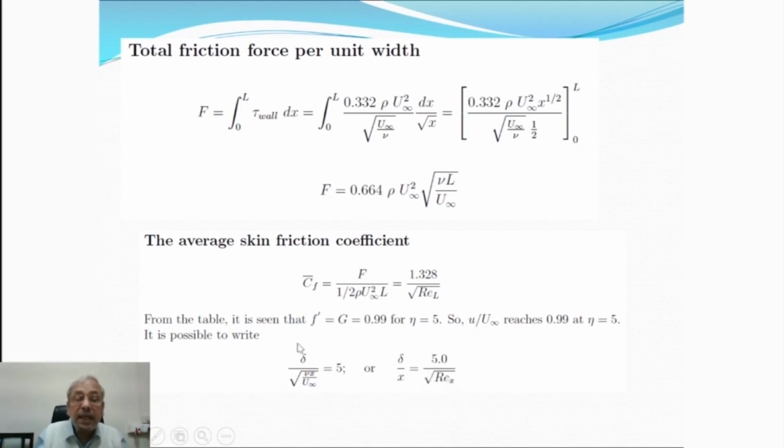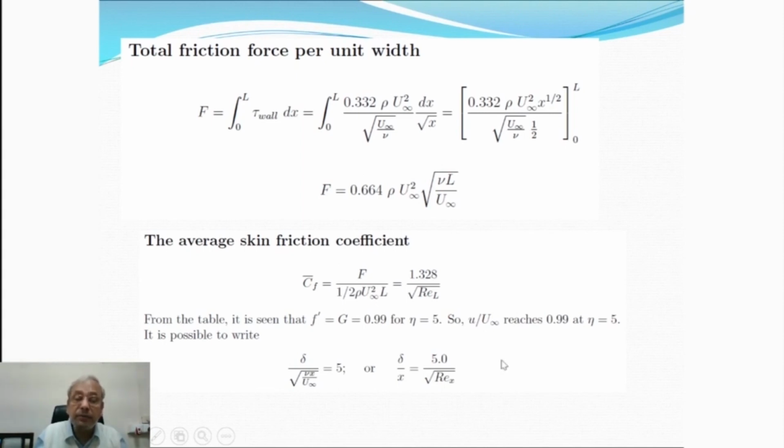So from the exact solution we get that delta by x is 5 divided by root over Rex, where Rex is u infinity into x divided by nu. And also we can see delta varies as x to the power half. If we take x to this side, root over Rex has one root x in the denominator, so delta varies as x power half.